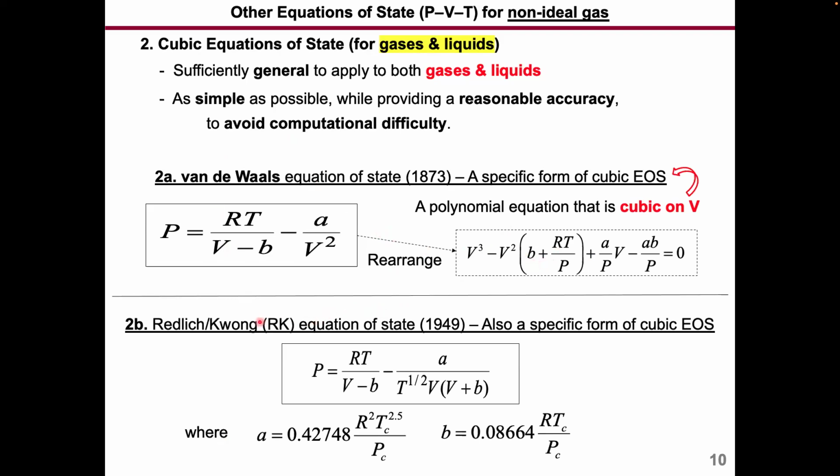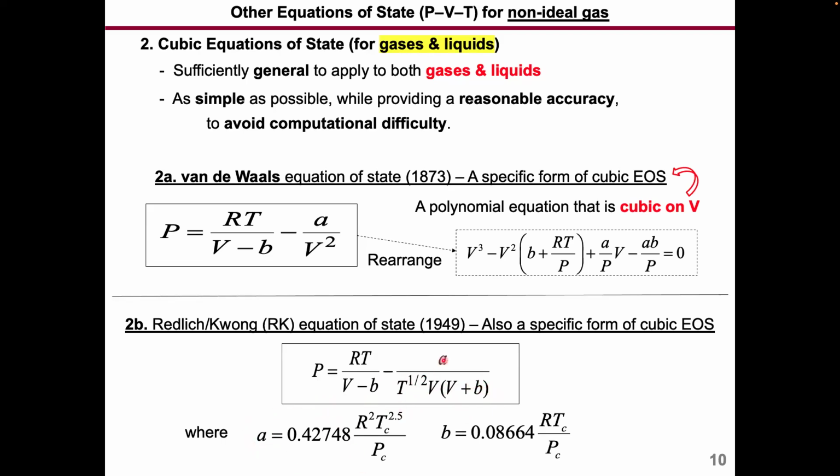Okay, the second subcategory of this cubic equation of state is called the Redlich-Kwong equation of state. In a similar format, you have P equals RT divided by V minus B, minus A divided by T to the 1/2 times V times V plus B, okay?